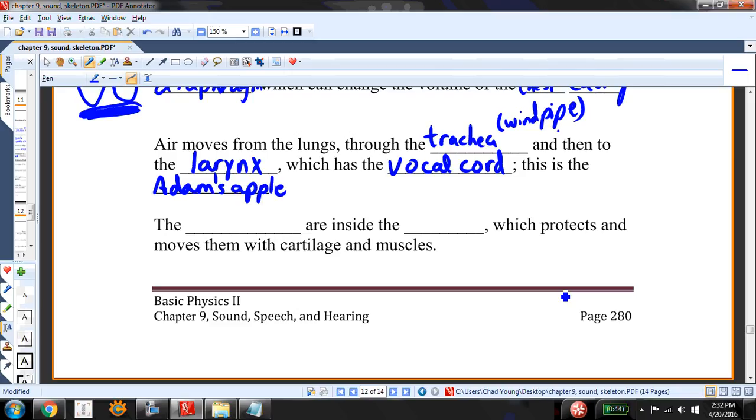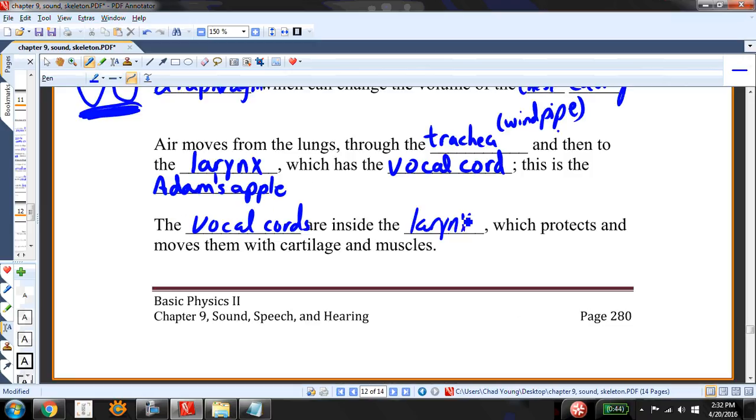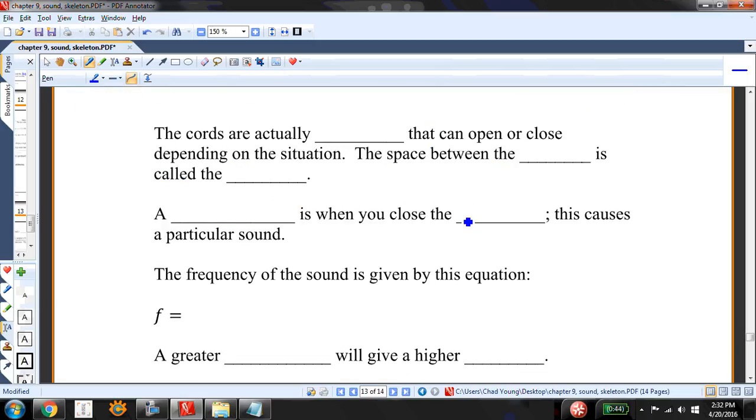Now, the vocal cords are inside the larynx, which moves them with cartilage and muscle. Sorry, I got a little piece of granola in my vocal fold. Sorry about that. Okay, now the cords are actually muscles that can open or close depending on the situation. The space between the vocal folds is called the glottis.